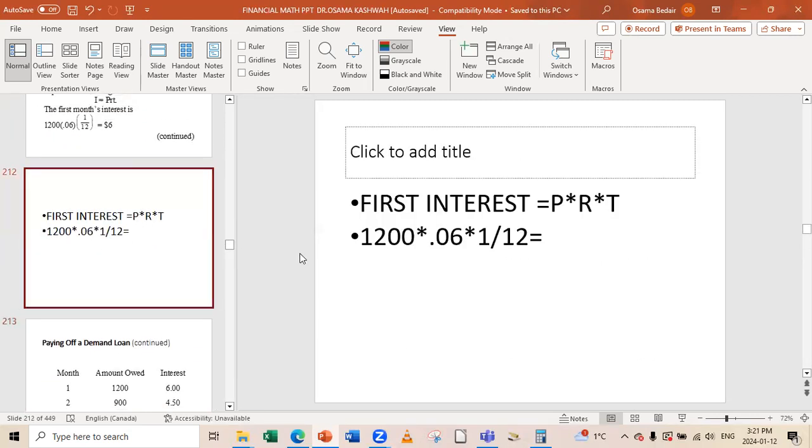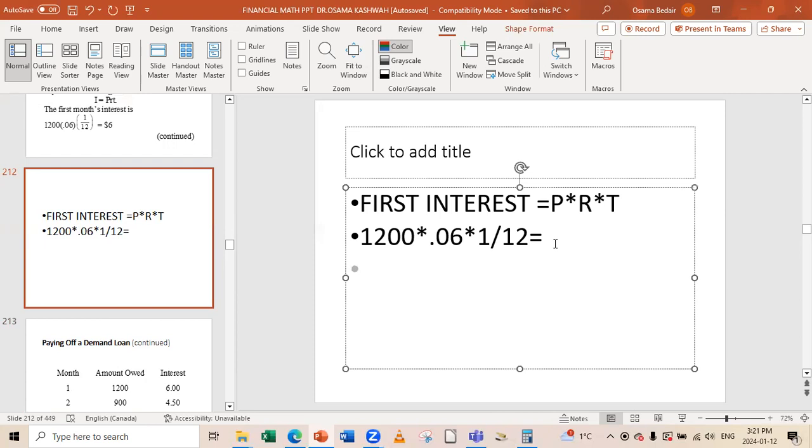We'll do the same thing here. 900 is the principal, times 0.06, which is annually, then multiplied by 1 divided by 12, because it's for 1 month.